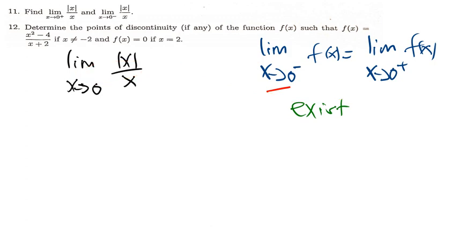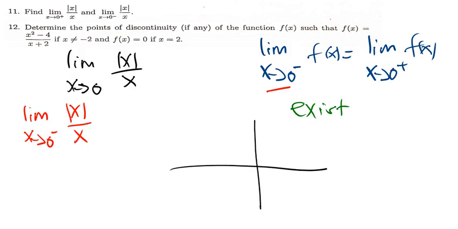Okay? So I'll start with the limit as x is approaching 0 from the left side of the modulus of x divided by x. One thing we need to know about the modulus, guys, is this. If this is my graph, I have got 0 here.